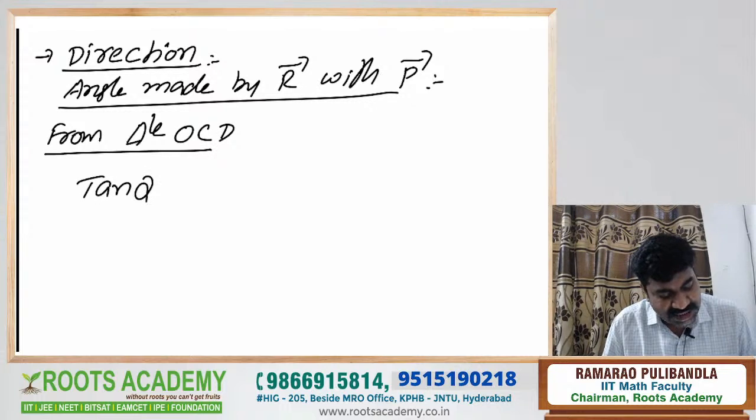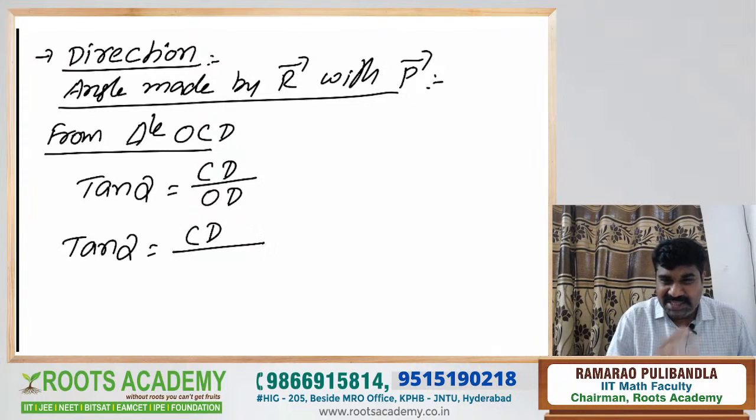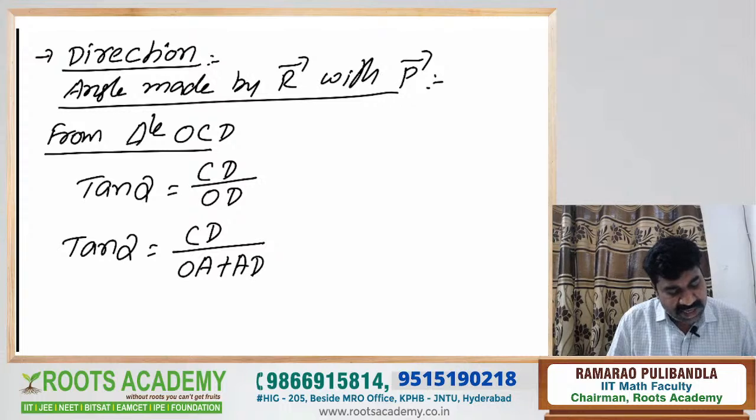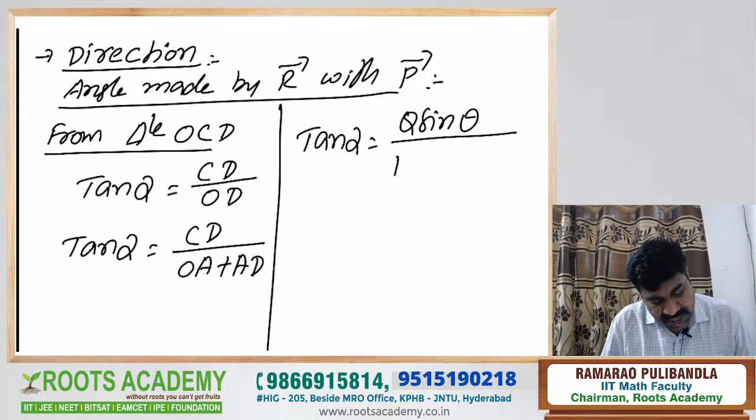Tangent gives the direction: tan alpha is equal to CD by OD. OD is not a single line, it is OA plus AD. So tan alpha is equal to CD, which is Q sin theta, by OA, which is P, plus AD, which is Q cos theta.